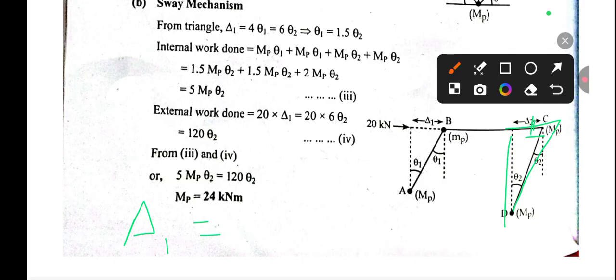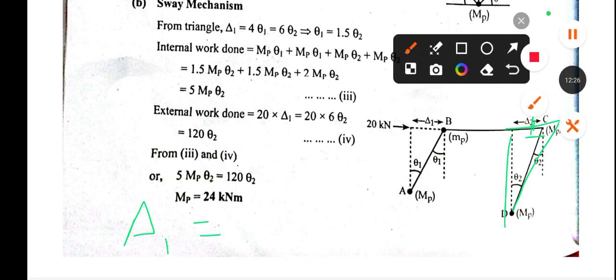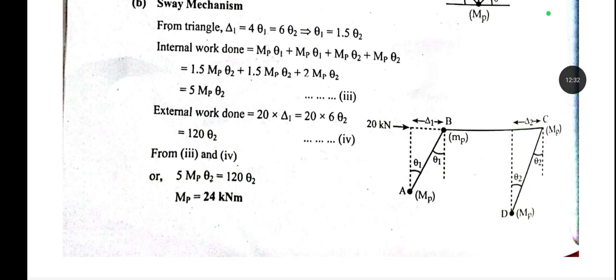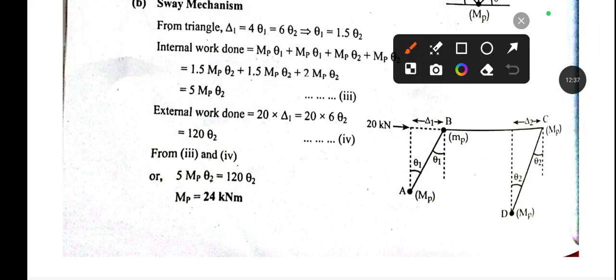So this theta 2 can be calculated as nearly equal to tan theta, and this will be delta 1.